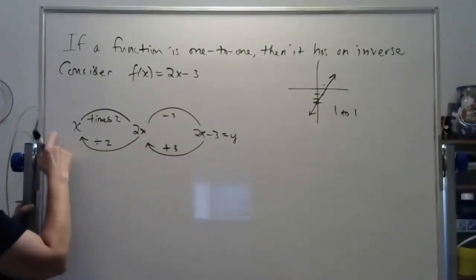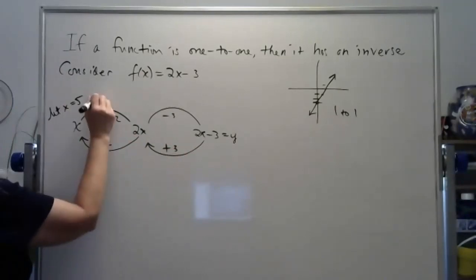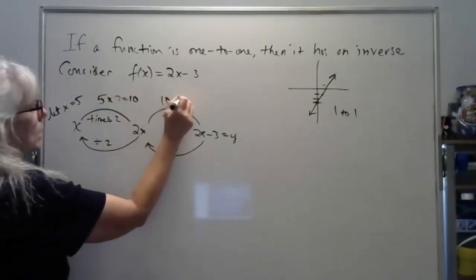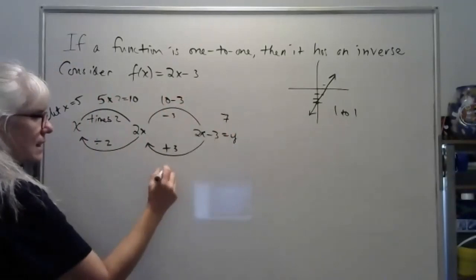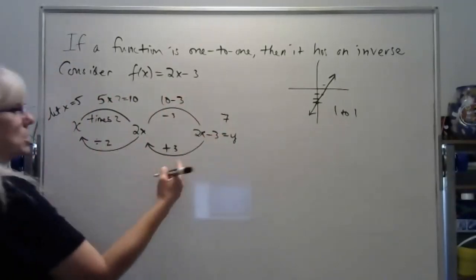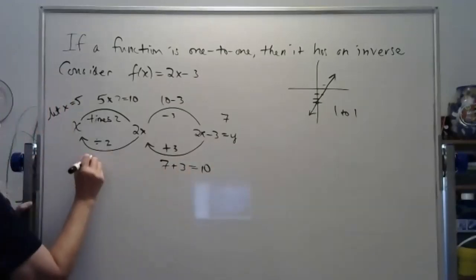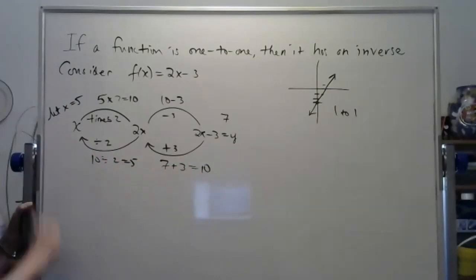Let's let x equal 5. So 5 times 2 is 10. And then we take 10 minus 3, and we output a 7. If I take that 7 and do the inverse operation, 7 plus 3 gives me 10, and 10 divided by 2 gives me 5. So do you see it gave me back the original one?